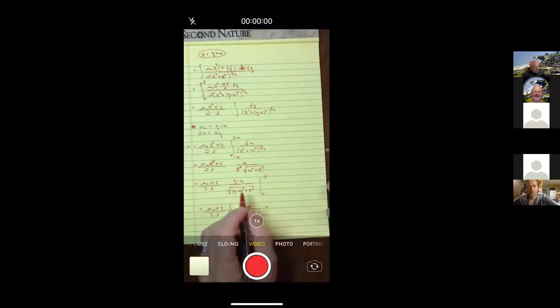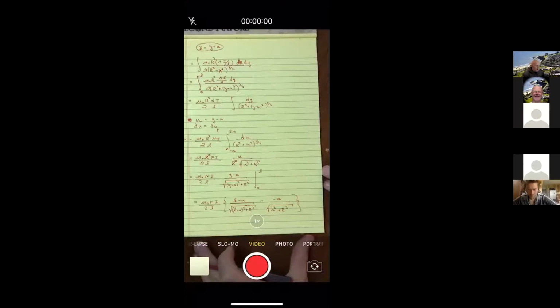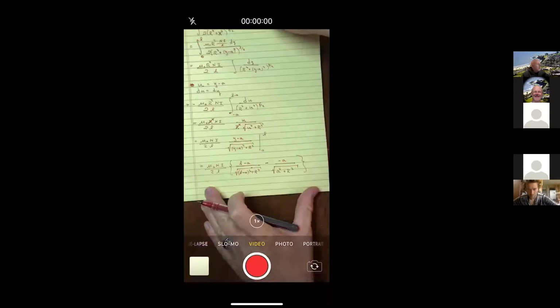So my 0 would be minus a over the square root of a squared plus r squared. I think that might be the answer.